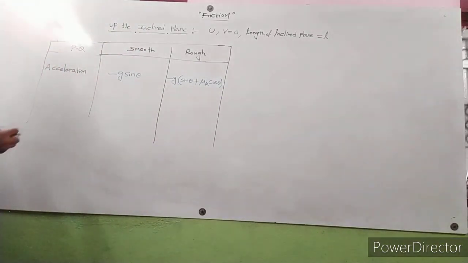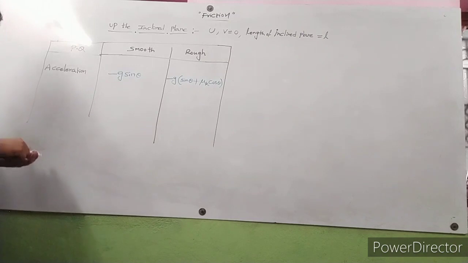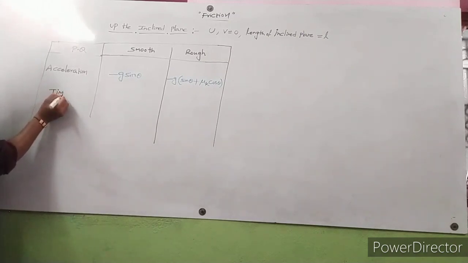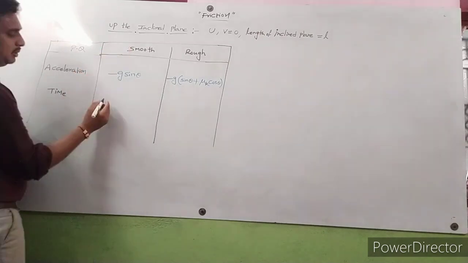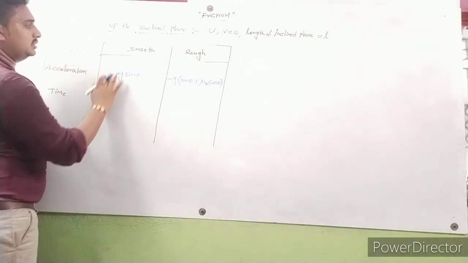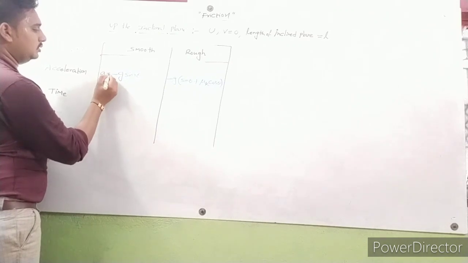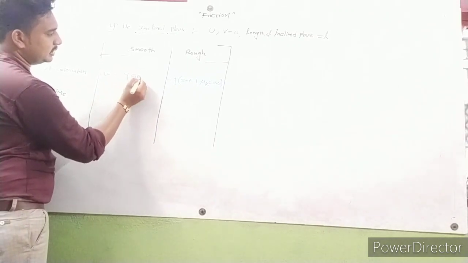Next one is the time. For the smooth inclined plane, acceleration a is equal to minus g sin theta.